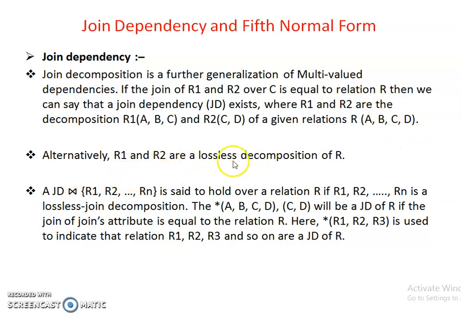Alternatively, R1 and R2 are a lossless decomposition of R. A decomposition into R1, R2 up to Rn is said to hold over the relation R if it is a lossless join decomposition, and A, B, C and C, D will be the join dependency of R if the join of these attributes is equal to the particular relation R. So R1, R2, R3 is used to indicate the relation and so on. That is nothing but the join dependency.